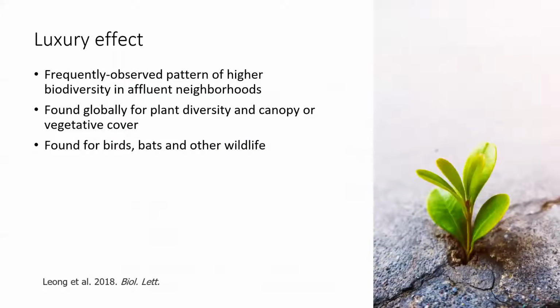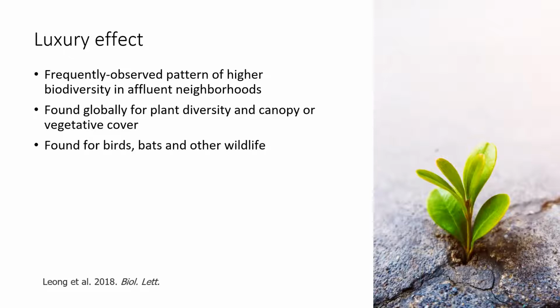And so, tying this into what we're working on, there's this concept called the luxury effect. It's this pattern of higher biodiversity in affluent neighborhoods. And this has been found globally for plant diversity or canopy or vegetative cover. And then also found where there's more vegetative cover, you often have a broader diversity of birds, bats, and other wildlife species. So this luxury effect pattern of having higher biodiversity in more affluent neighborhoods has been found in many cases.